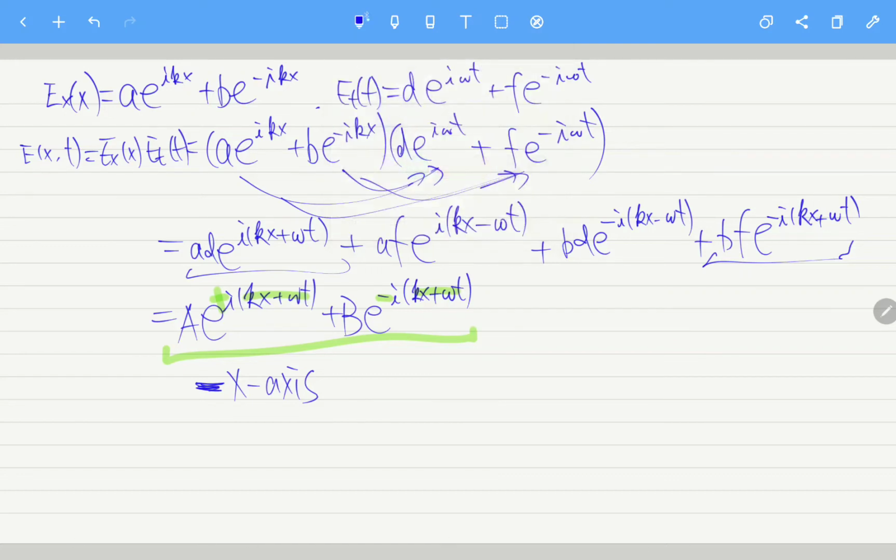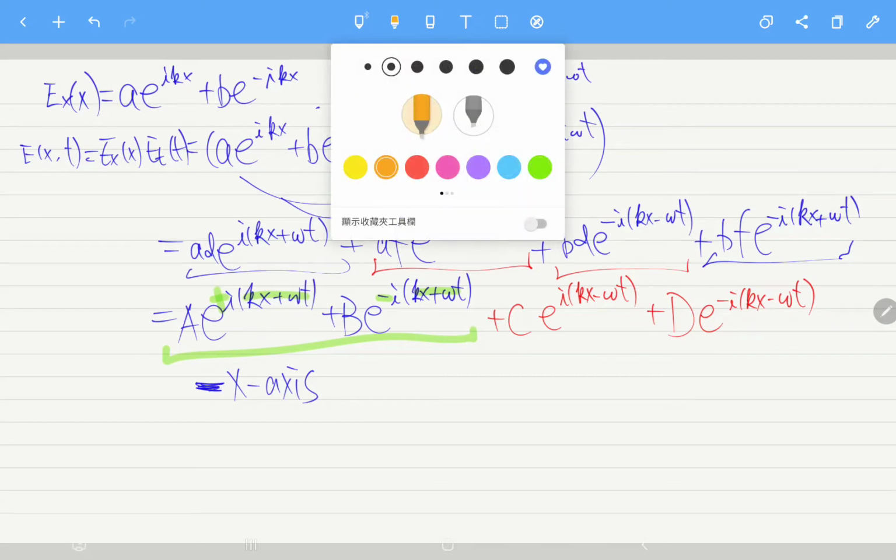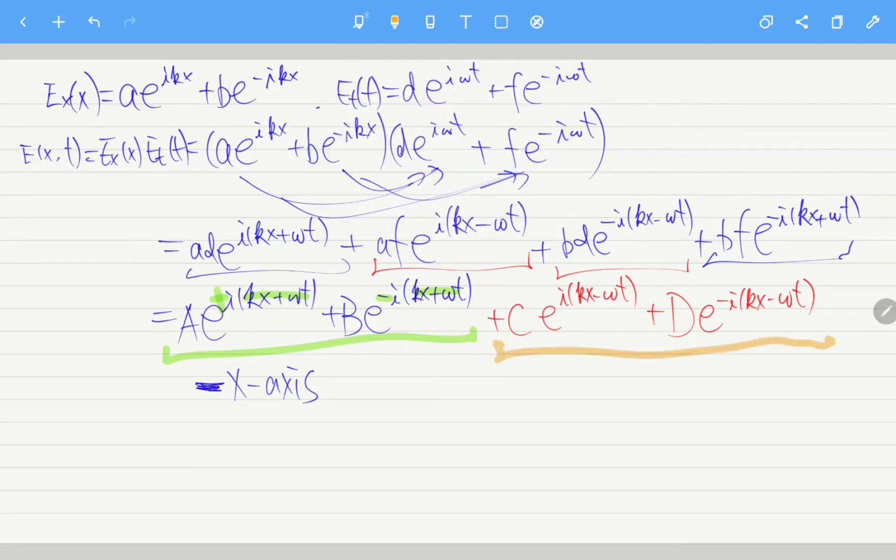and then we have another 2 terms. This one is plus c exponential to i(kx minus omega t), and then plus this one is d exponential to negative i(kx minus omega t). Okay, and these two are propagating across the plus x-axis.